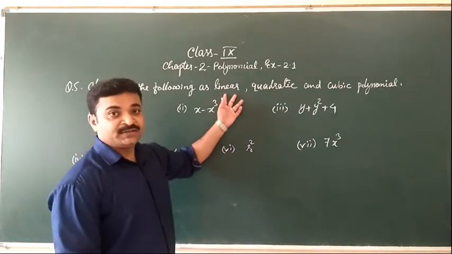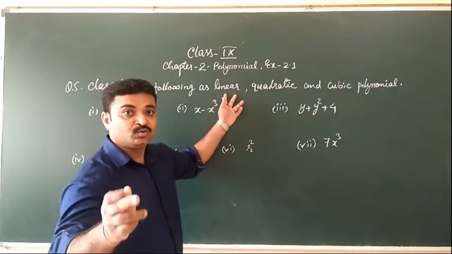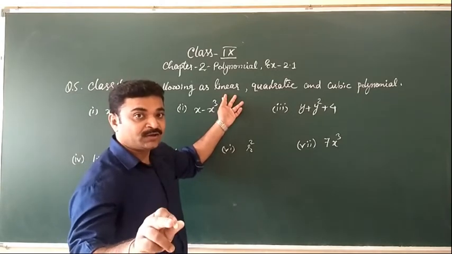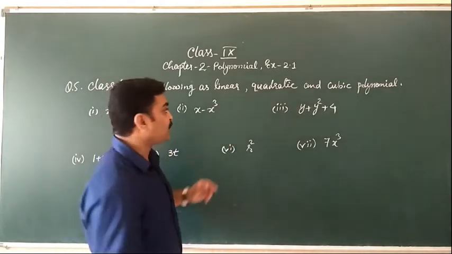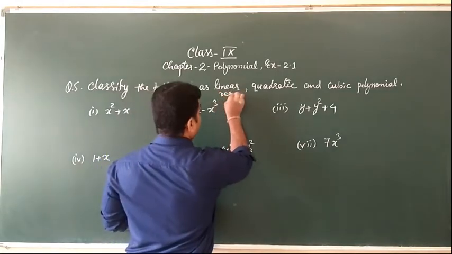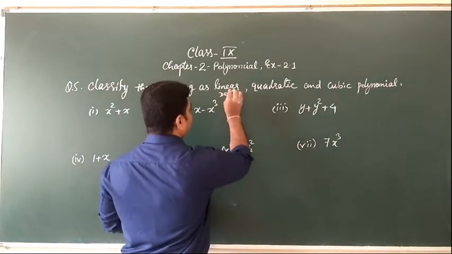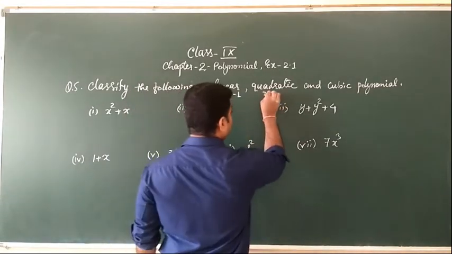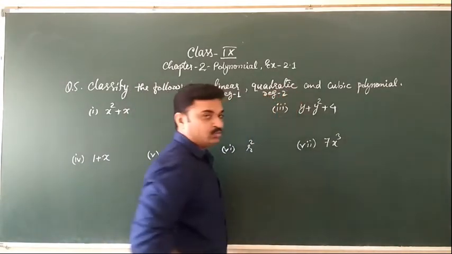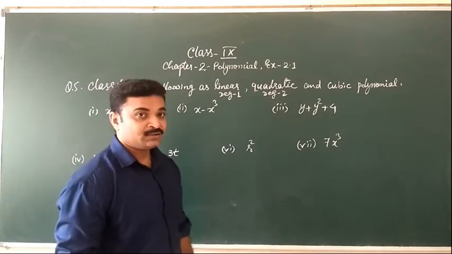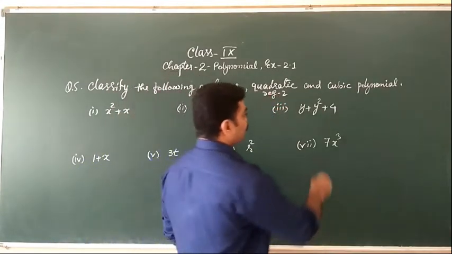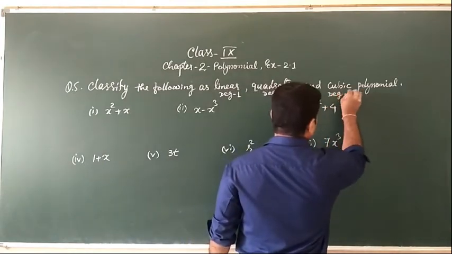Linear polynomial means a polynomial whose degree is 1. Quadratic means degree 2. And cubic means degree 3.